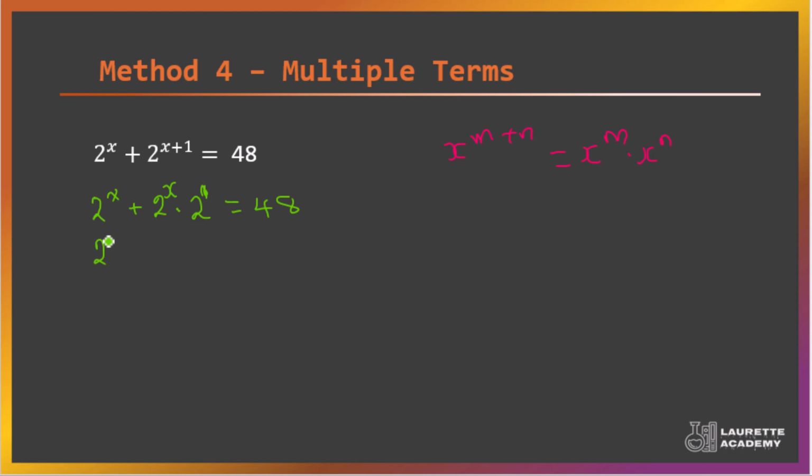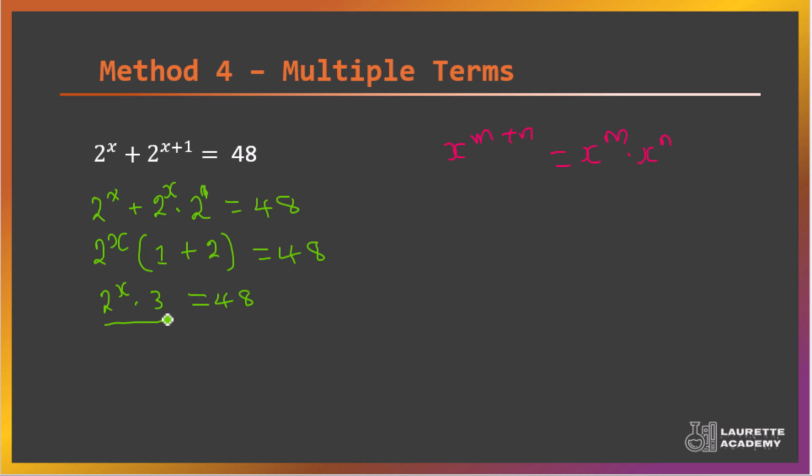We have 2 to the power x into 1 plus 2 equals 48. So 2 to the power x times 3, since 1 plus 2 is 3, is equal to 48.